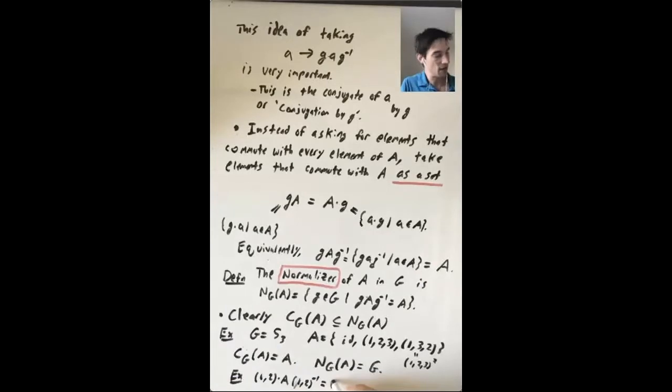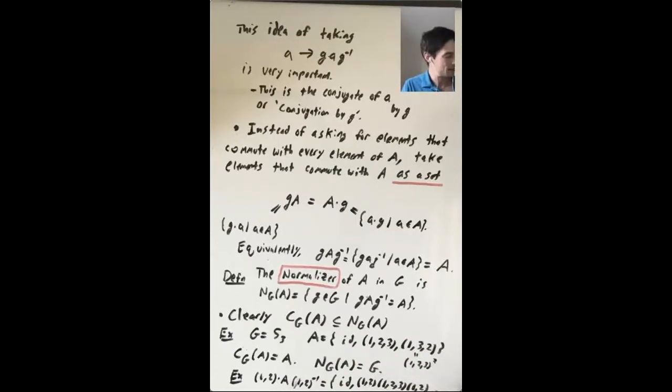So what is this set of elements? Well, we have (1 2) times the identity times (1 2), which is just the identity. Then we have (1 2) times (1 2 3) times (1 2). And then we have one more element. What is this? Well, 1 goes to 2, 2 goes to 3, so 1 goes to 3 and then stays there. 2 goes to 1. 3 goes to 1, 1 goes to 2.